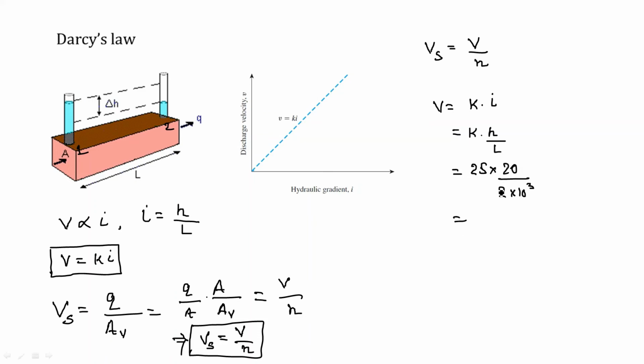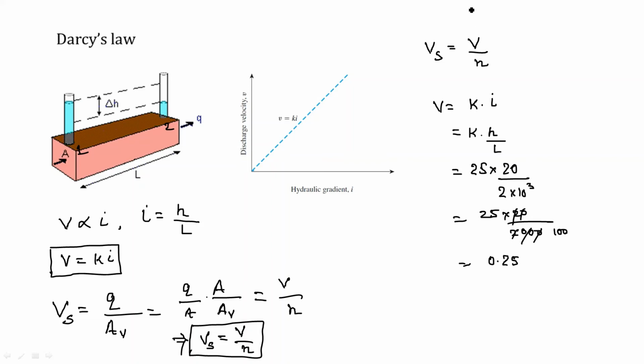The 2 and 2 will be cancelled out, and the zeros will cancel, so it will be 25 by 100, that is 0.25. So this is your discharge velocity.